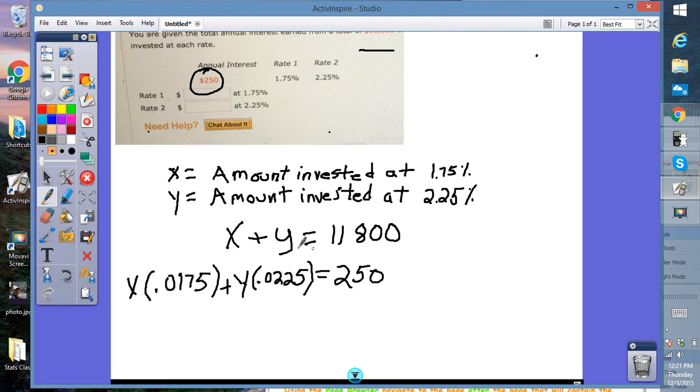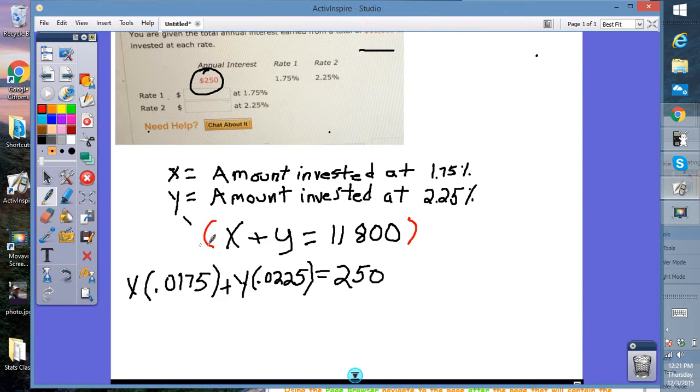So what you're going to do now is solve this. These are in standard form, so solve this with elimination. I'm going to let you take it from here, but you'll most likely take this equation and use a multiplier so that one of these cancels out.